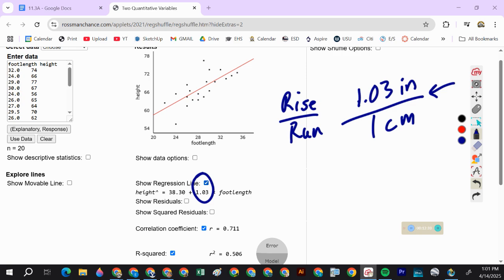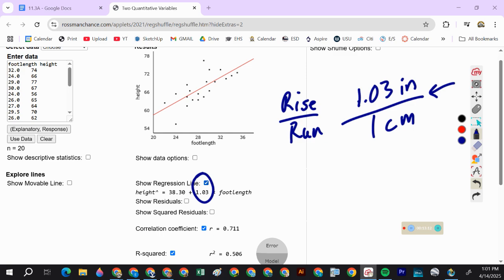For every 1 centimeter increase in foot length, that corresponds to a 1.03 increase in height. So basically the slope of the regression line is always for a 1 unit increase in x, we have a corresponding increase in y, which could be greater than 1 or less than 1. It just depends on the situation.